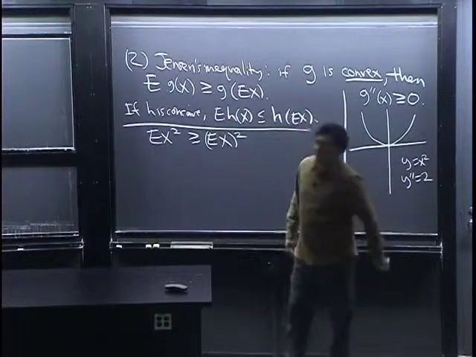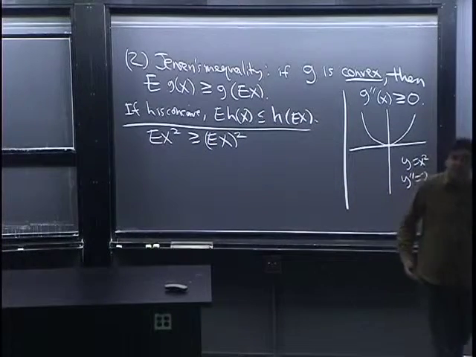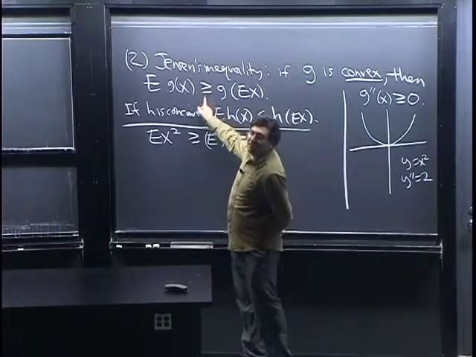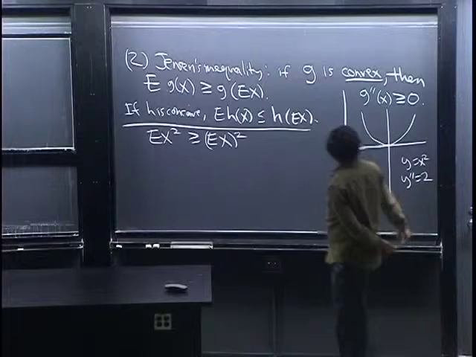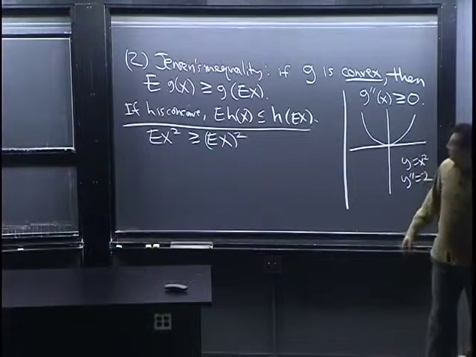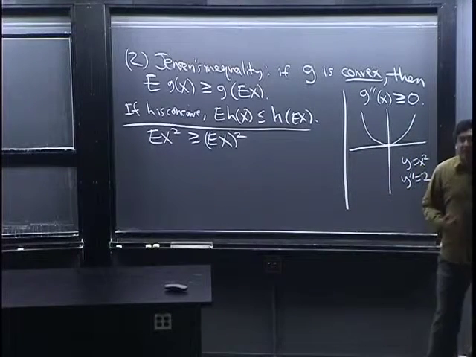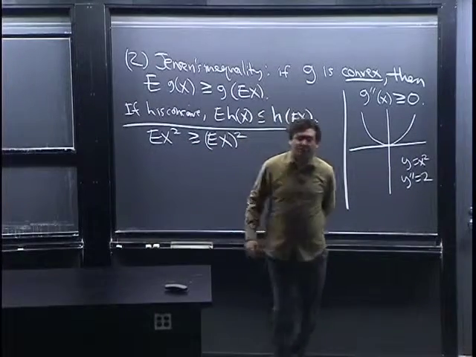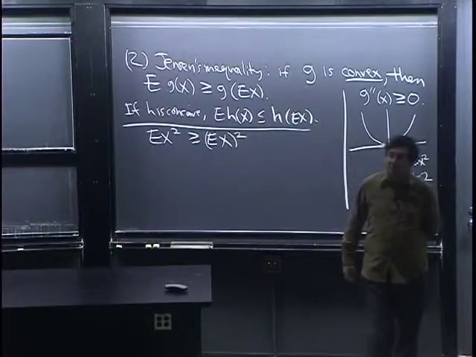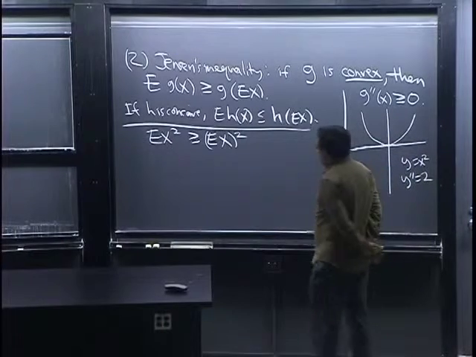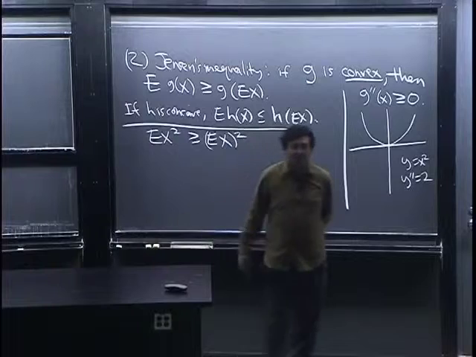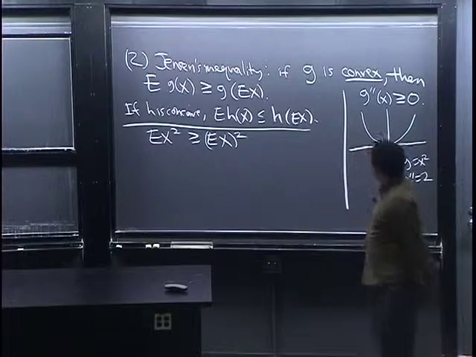We already knew that fact, because variance is non-negative. So if you ever forget which direction this inequality goes, just think back to your friendly old parabola. X squared is convex. The inequality goes this way. We already knew that, okay? So you shouldn't get confused about which way the inequality goes. So that's an example. We're going to prove that this inequality is true, just doing a couple examples first.